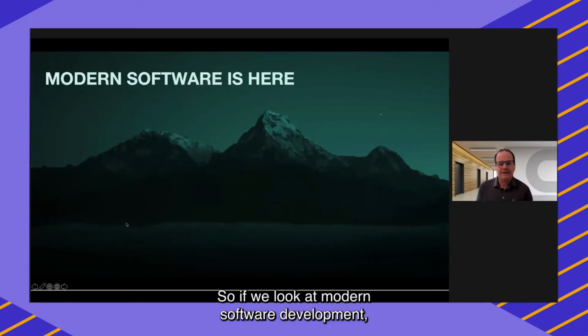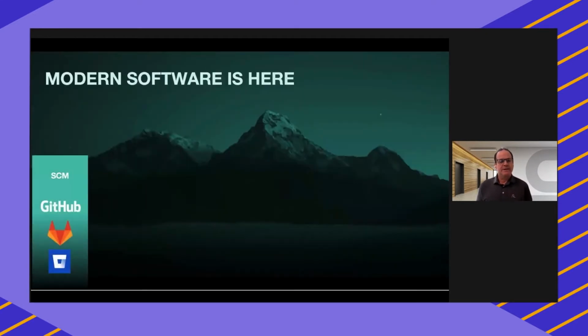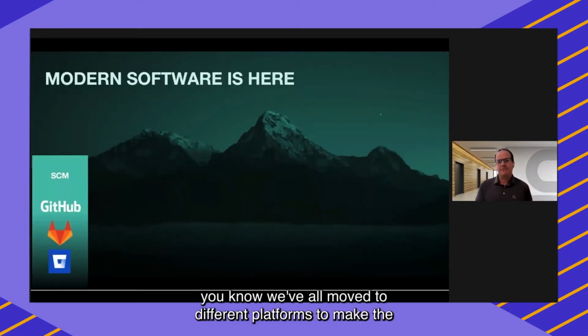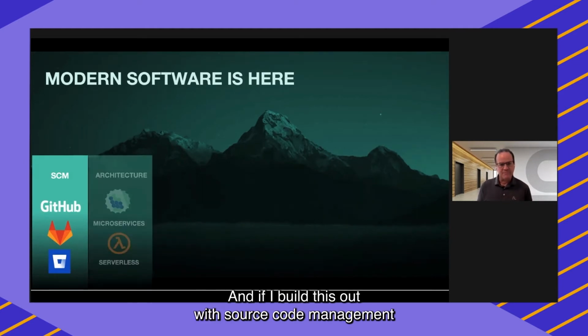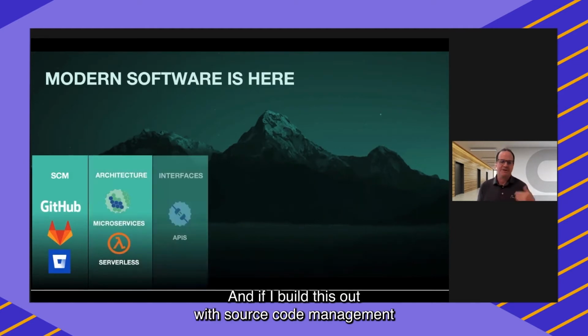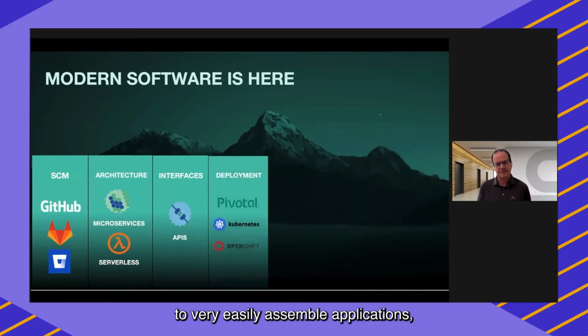If we look at modern software development, we've all moved to different platforms to make the software factory and the software development lifecycle much smoother and easier to use. That includes source code management and different architectures like microservices, and there's a lot of talk today about APIs as a way to very easily assemble applications.